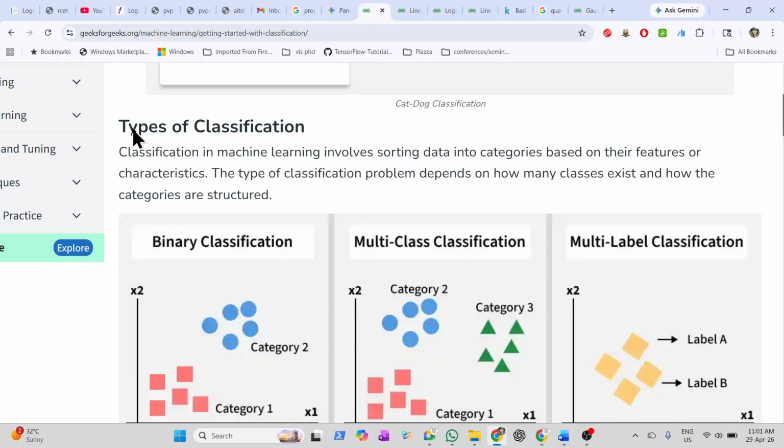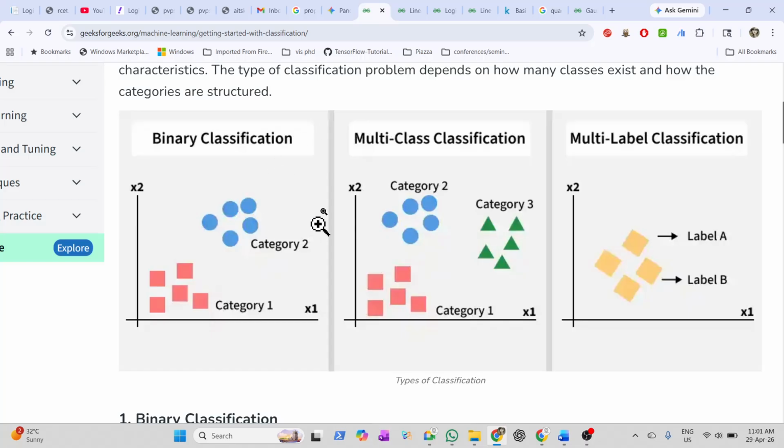Coming to the types of classification, depending on how many categories have been defined for our data points and based on their features. Features are also called characteristics or variables. The type of classification problem depends on how many classes exist.